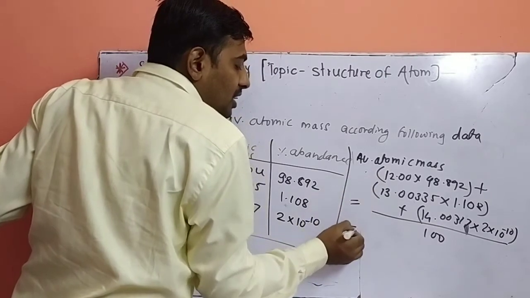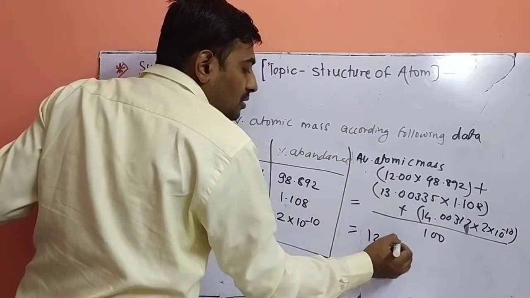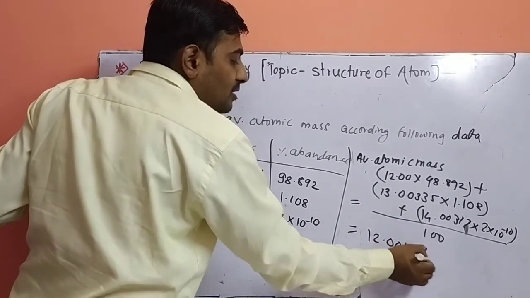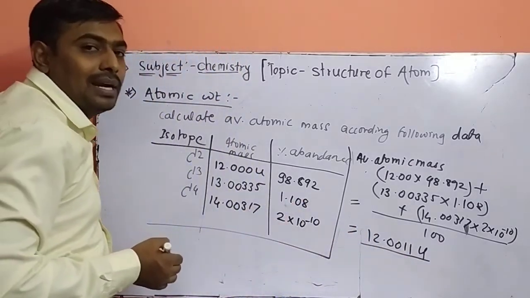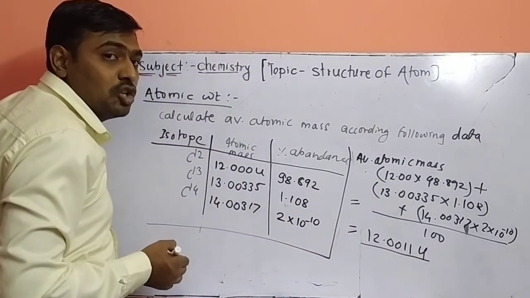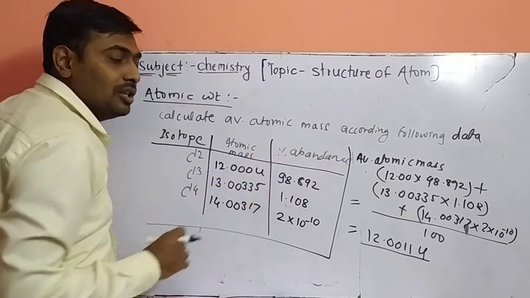According to this calculation, you will get 12.0011 unit. So what is the average atomic mass of the carbon atom? It is 12.00. How? According to this formula.